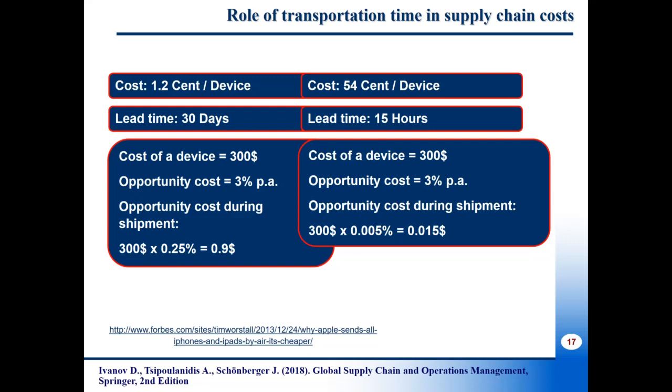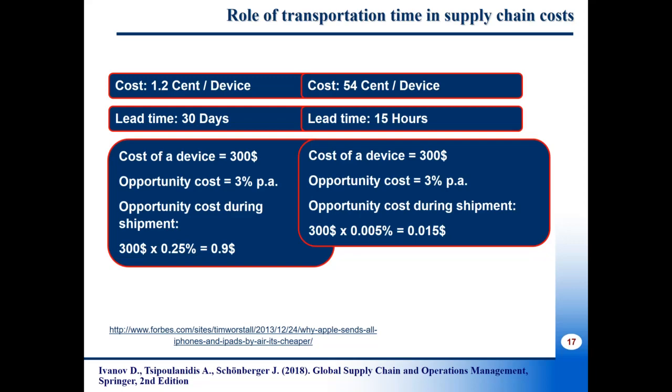Or if we prefer, that's equal to 0.25% a month, being that 30-day period that has to be financed. In our example, one Apple product costs $300. So the financing cost of shipment by boat is 300 times 0.25%, equal to 0.9 US dollars.